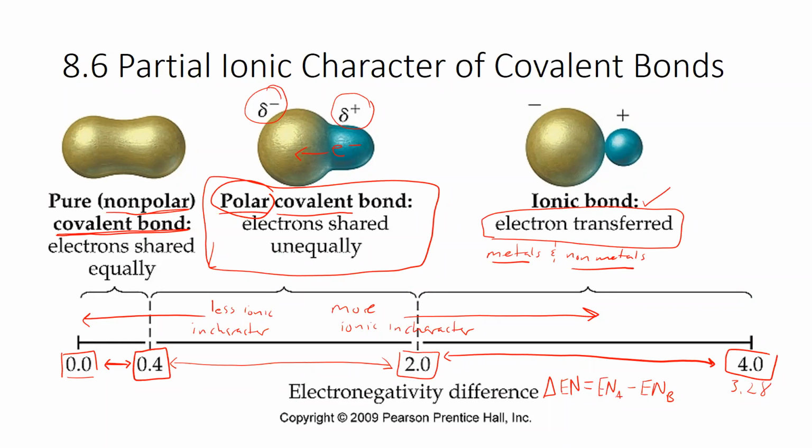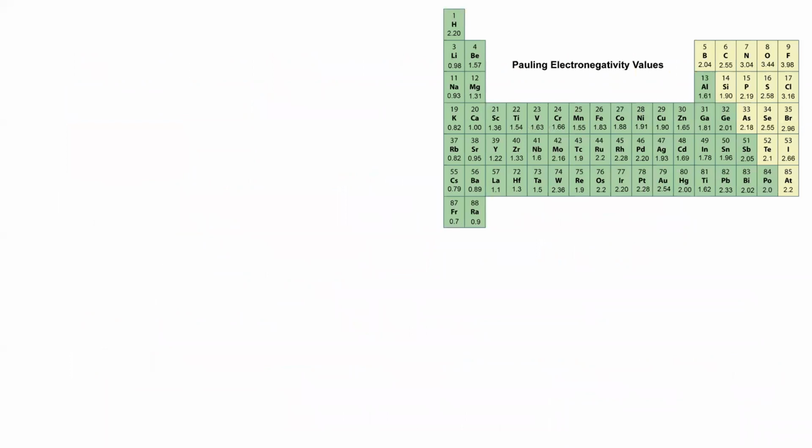And so we can get some examples of this. If we take something like a carbon-hydrogen bond, the electronegativity difference will just be 2.55 minus 2.20. So you're going to get a value of 0.35. And so we can say that is a nonpolar covalent molecule, or bond, I should say.